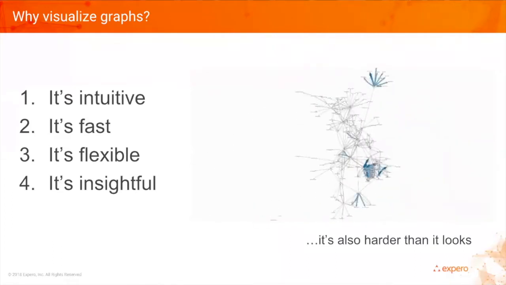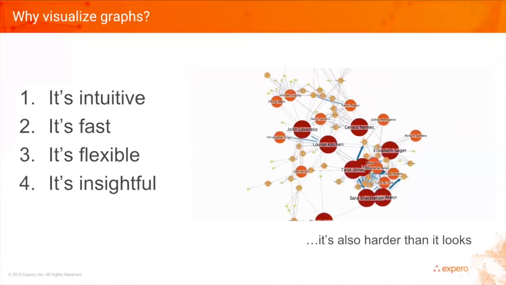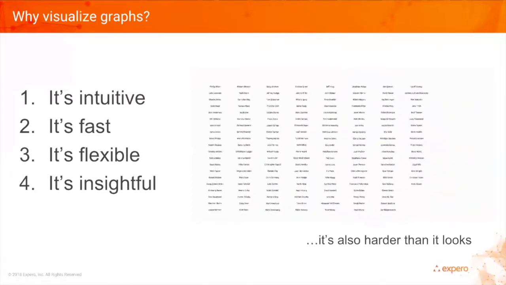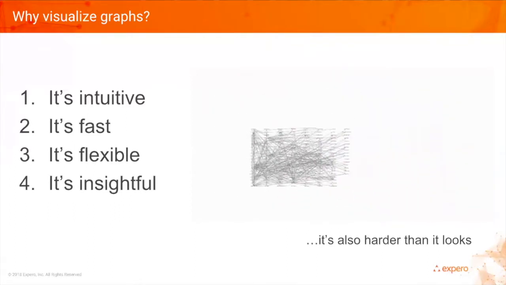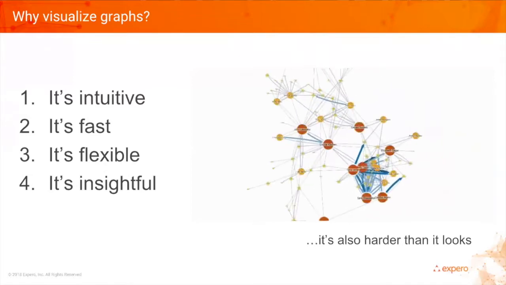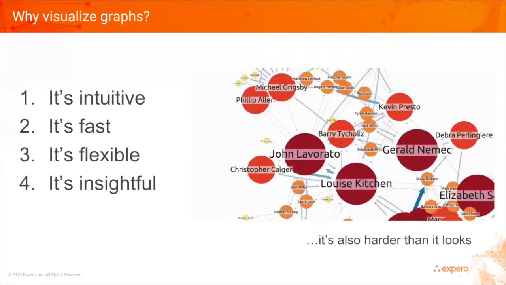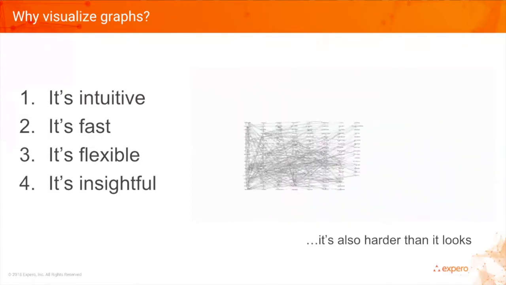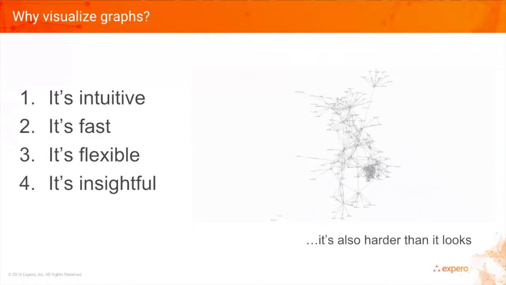It's also very flexible in that you can assign different graph models to different visualization models, depending on which pieces of information and which properties are important to you or to your users to help uncover those types of things. And it is insightful. You learn very interesting things very quickly in the data that you wouldn't otherwise see when you're working with data in other formats.